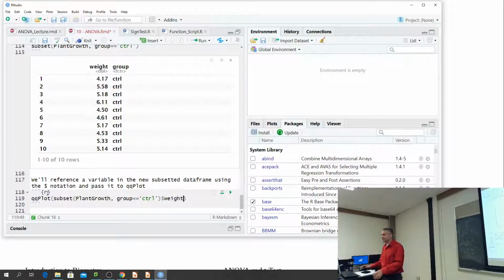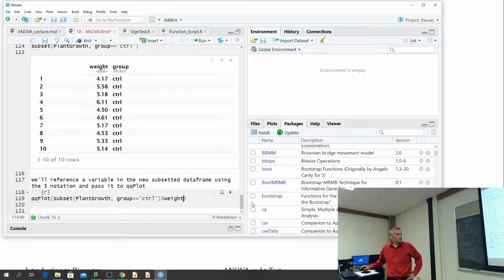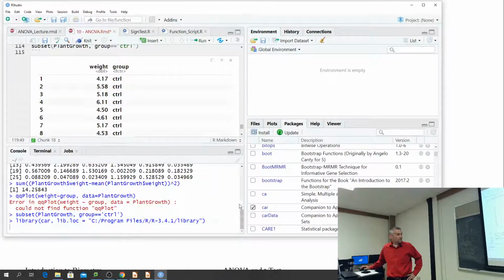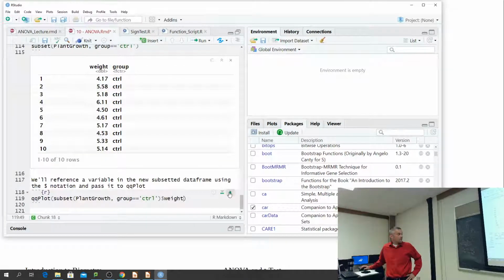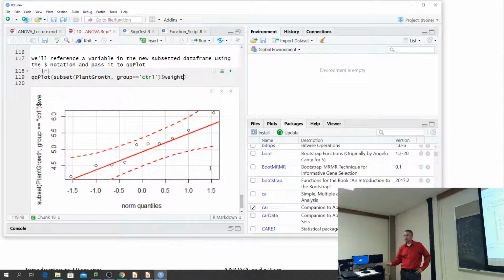And now I would run it. And if I run it, I know I should fail because car is not loaded. So now car is loaded, and when I run it, I get a QQ plot of weight, but only for the CTRL group. All right.